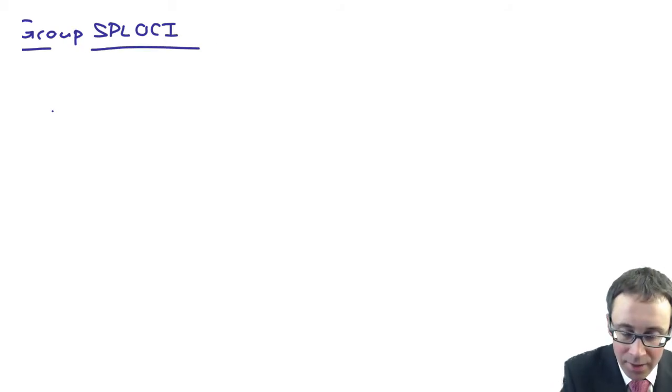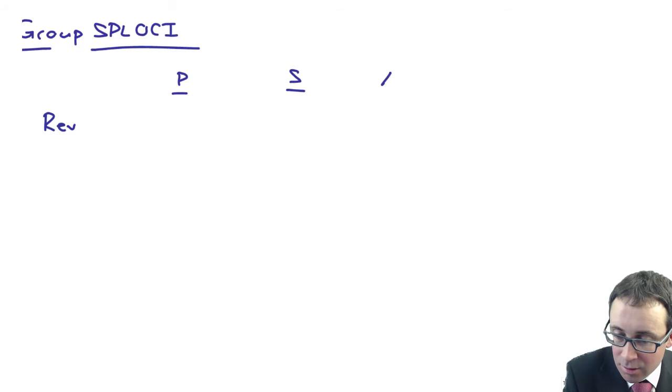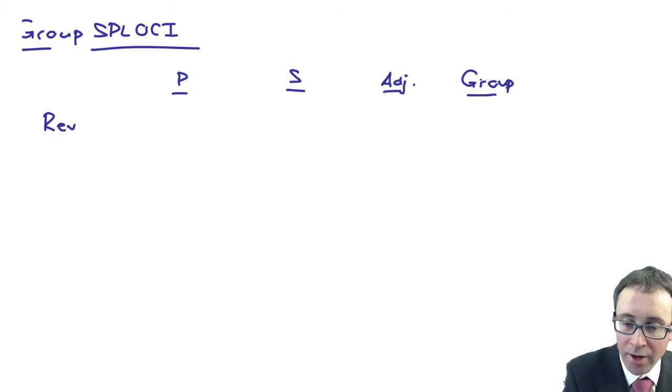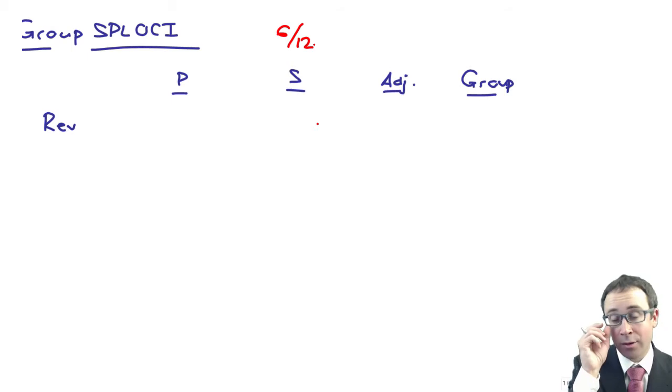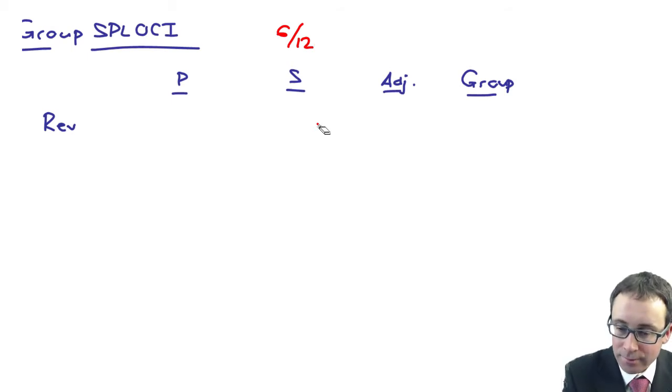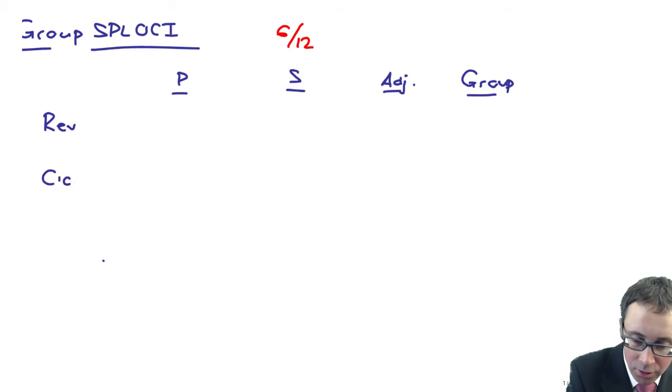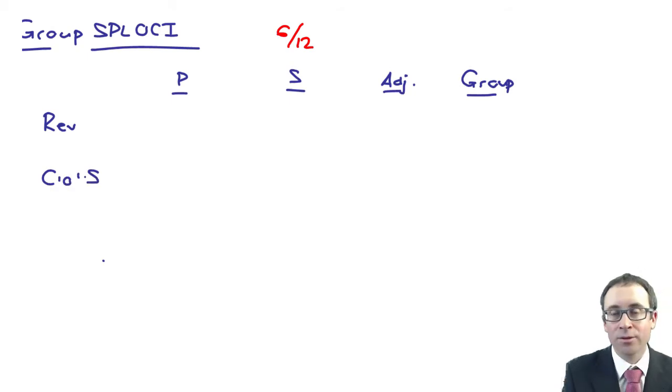And what we can see there is we need the revenue for P, S, adjustments, and then group. And remember, the sub, we need 6/12, don't we? We've also got to think about your cost of sales.